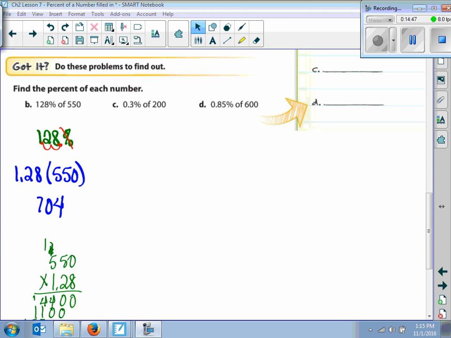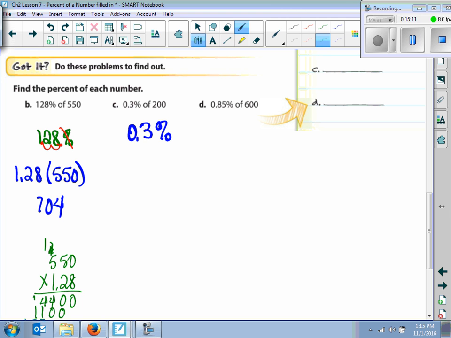All right, so for letter C, the first thing we need to do is change that percent to a decimal, right? So that's 0.3%. How do we change the percent to a decimal?